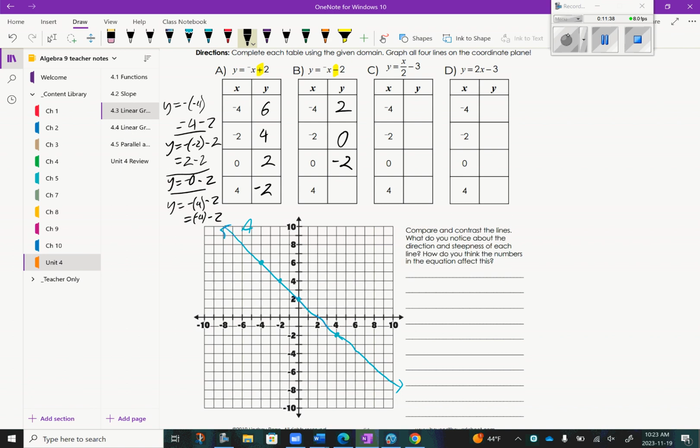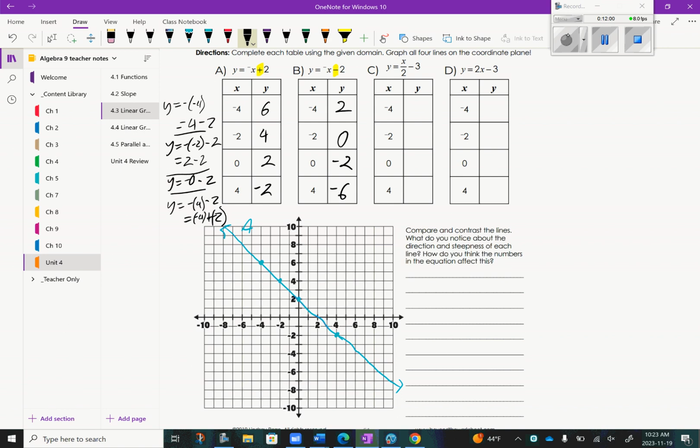And then putting in 4 in place of x, the negative of 4 is negative 4, minus 2. So that's the same thing as negative 4 plus negative 2. They're both negative, so my answer is negative. 4 plus 2 is 6. So that's the point 4, negative 6.